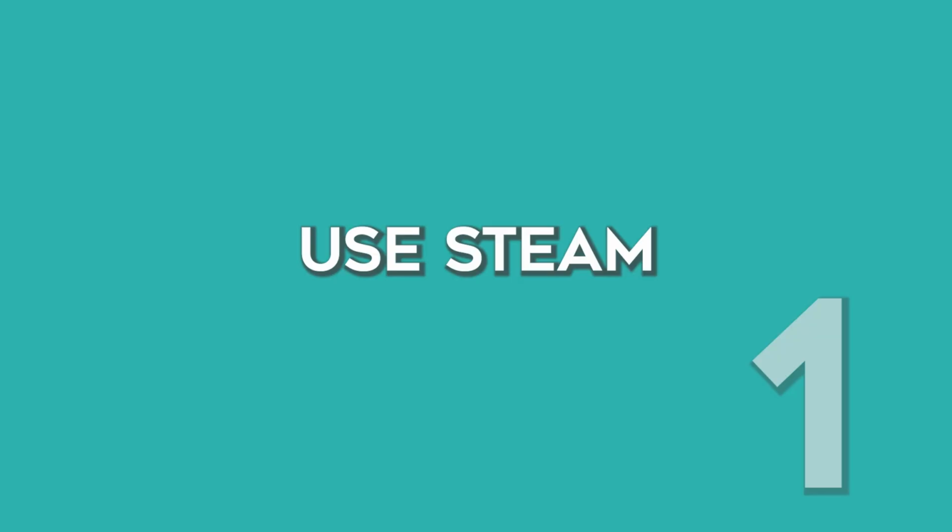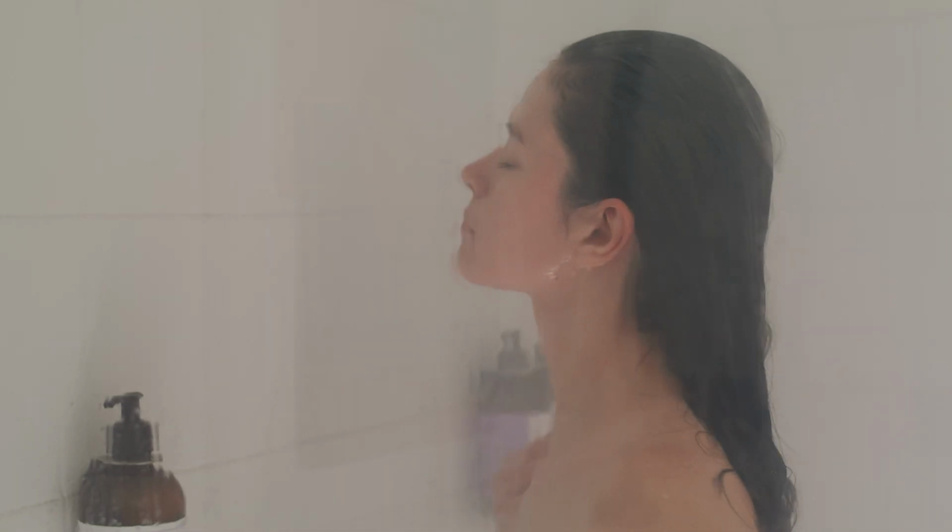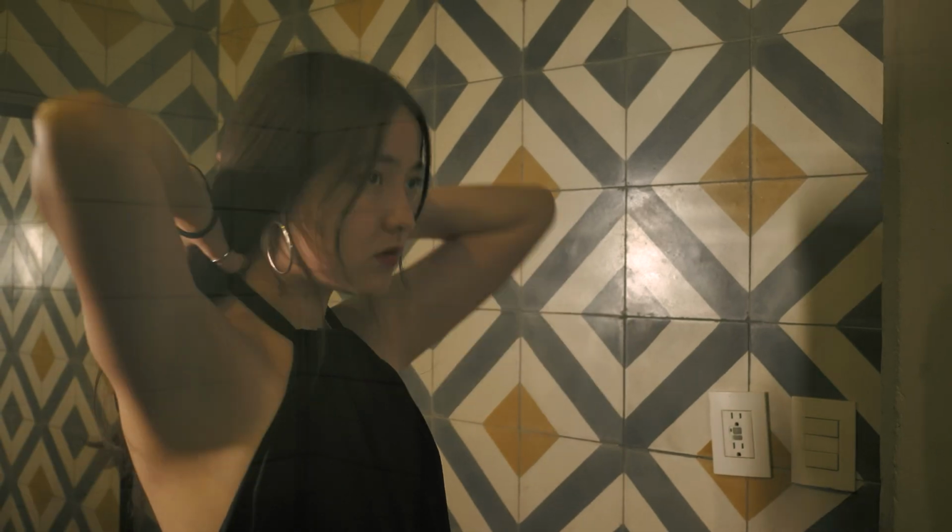So tip number one, you're going to use steam to help that cuticle open. So when you're using a deep conditioner or a leave-in product, it is going to then absorb into the cuticle. How are you going to do that? I know everybody has been in their bathroom after they've taken a very hot shower and it's very steamy in there.